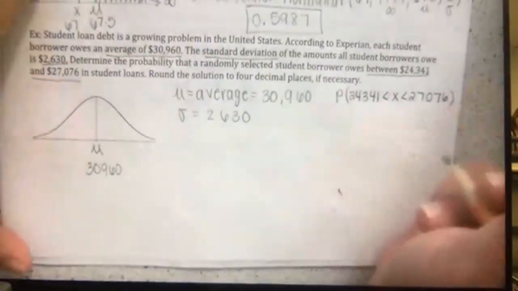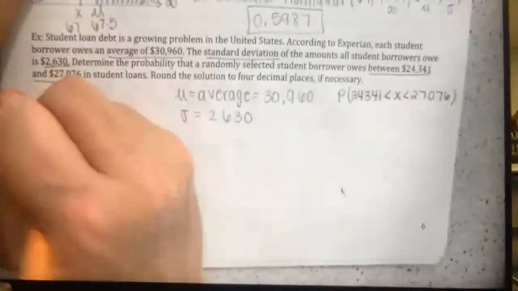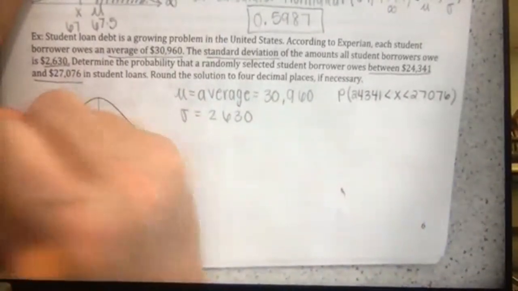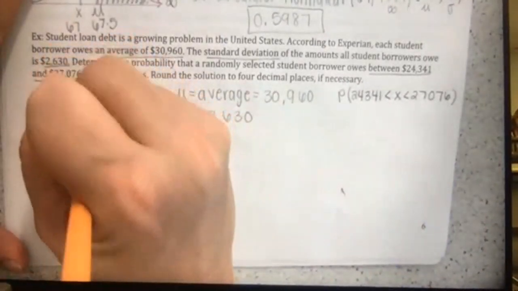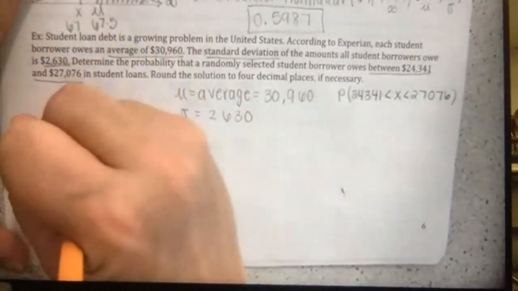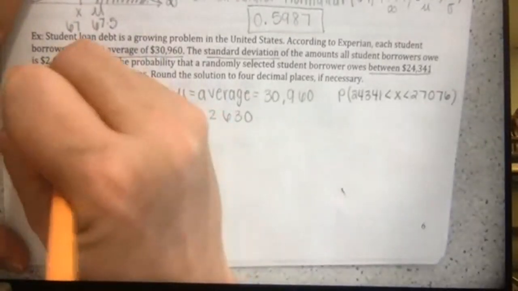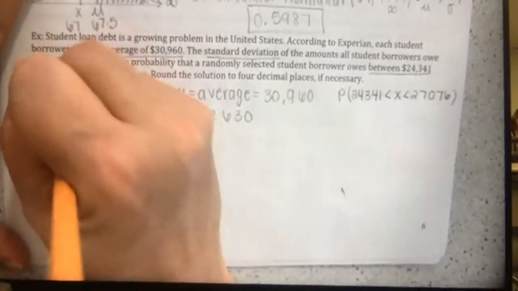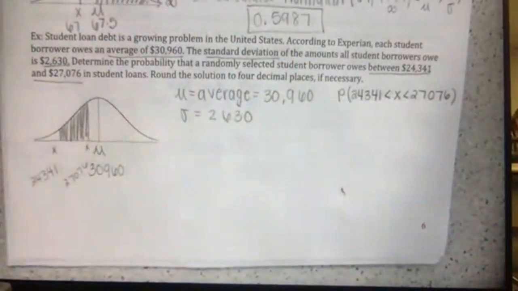Our X values are between 24,341 and 27,076, which are both smaller than our mean, so both on the left-hand side. So we know our shaded area is less than half, so our answer should be less than 0.5.